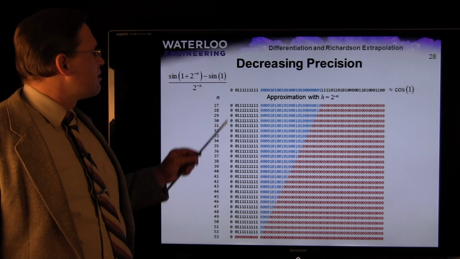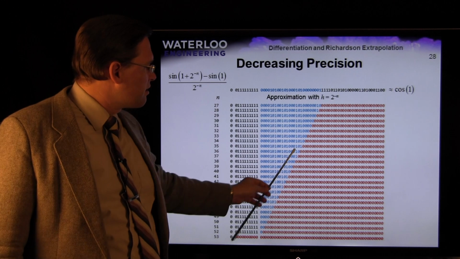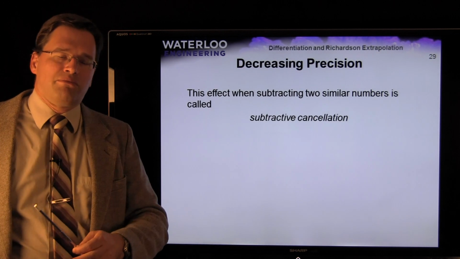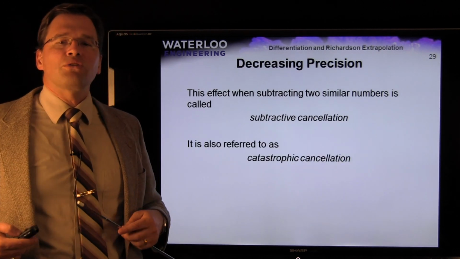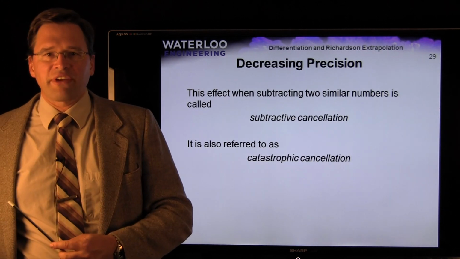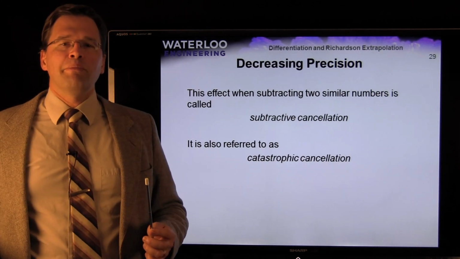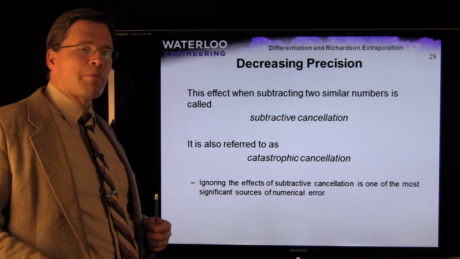If we keep on using smaller and smaller values of h, notice that subtractive cancellation takes over. So this, as I've already used, is the term subtractive cancellation. Colloquially, it's also sometimes referred to as catastrophic cancellation, simply because it causes such issues numerically in actual simulations and approximations.